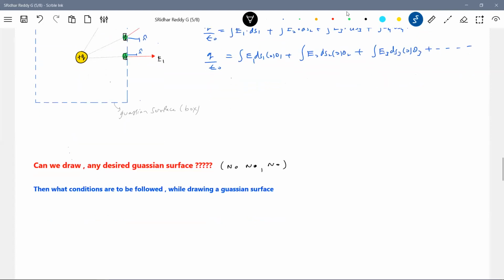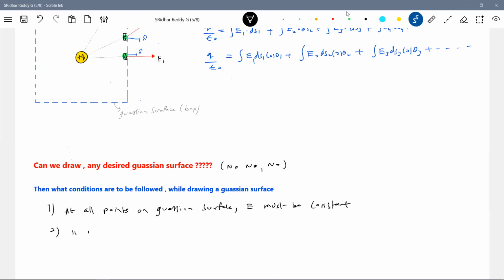These are very fundamental. Okay, the first thing, let me write it here. At all points on the Gaussian surface, E must be constant. Not most, must. E must be constant.